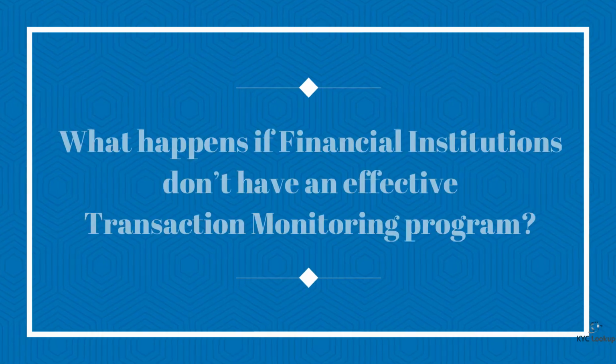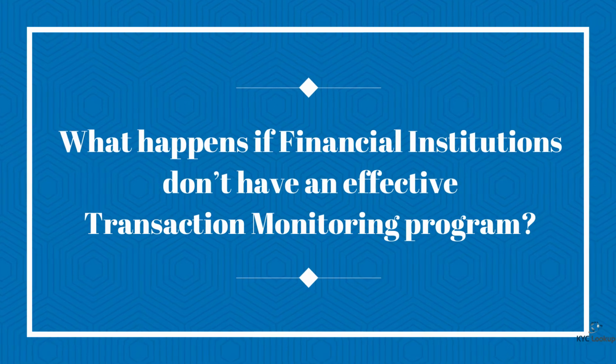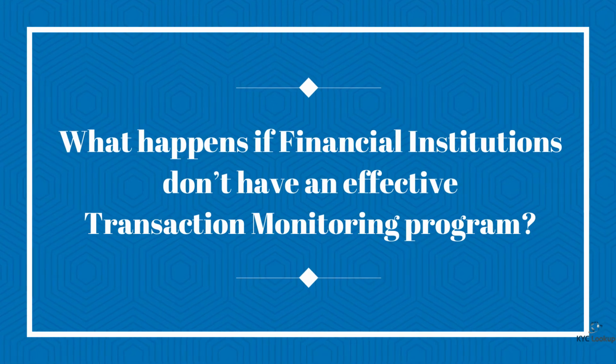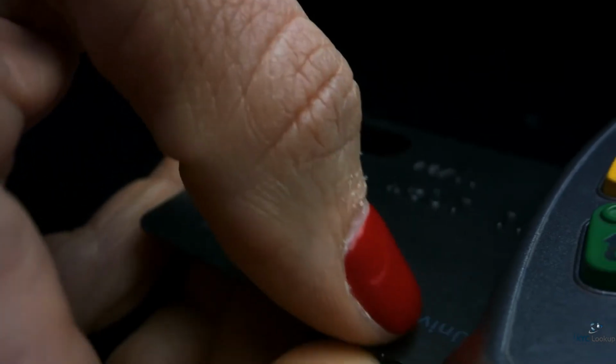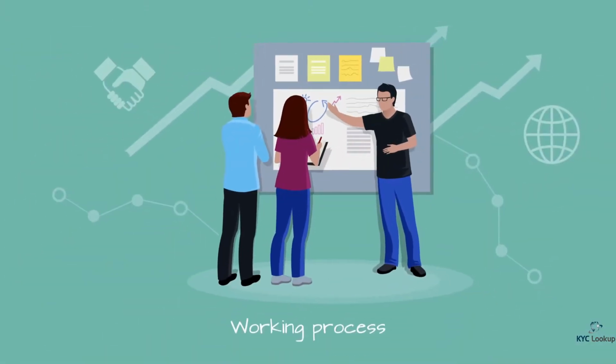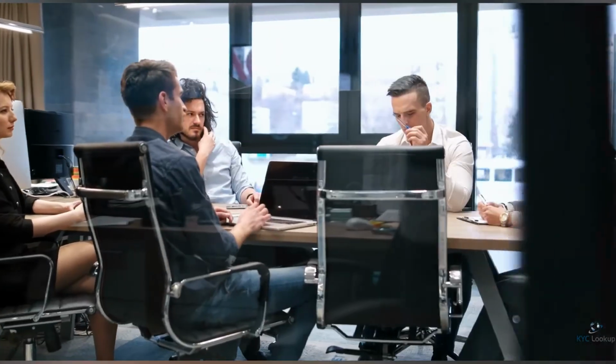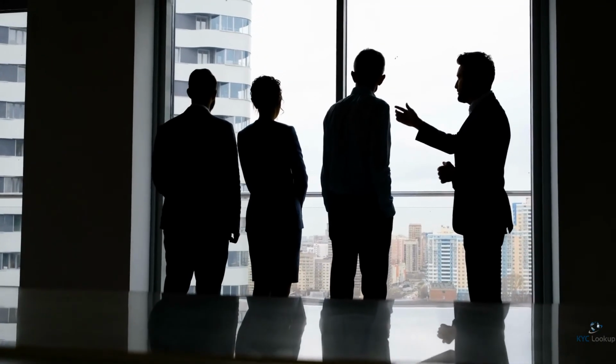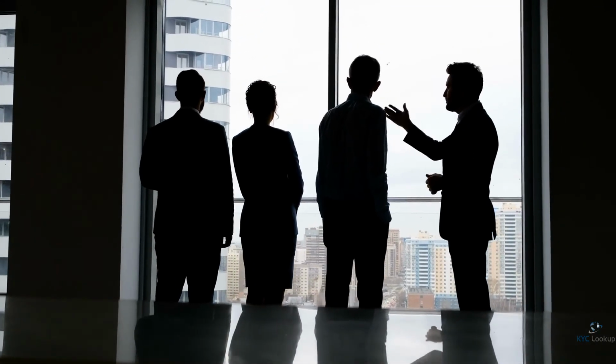What happens if financial institutions don't have an effective transaction monitoring program? Transaction monitoring has become a vital piece of the AML CFT program at any financial institution, and not having a process that works shouldn't be taken lightly, considering the focus by different regulators around the world, whether it's outsourced to a third-party vendor or kept in-house.